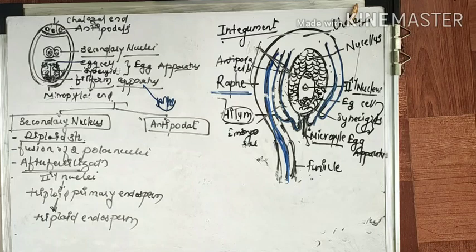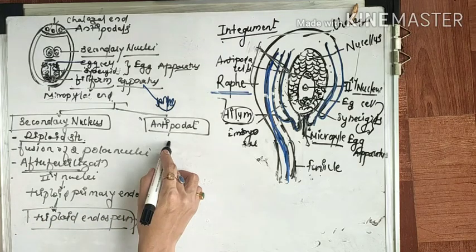So the secondary nucleus, after fertilization, is converted into a triploid primary endosperm nucleus, which produces the triploid endosperm.